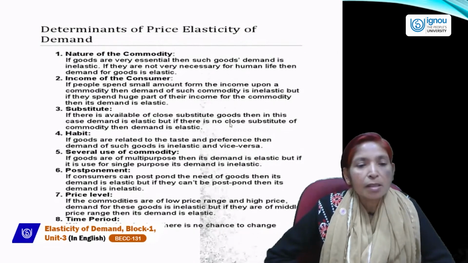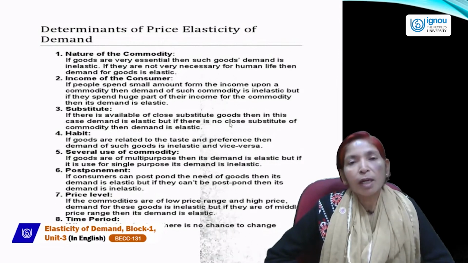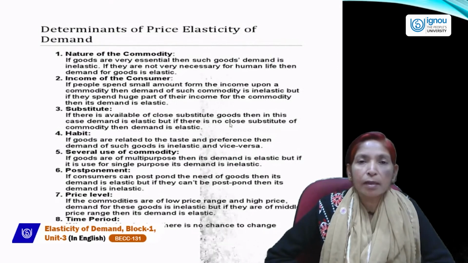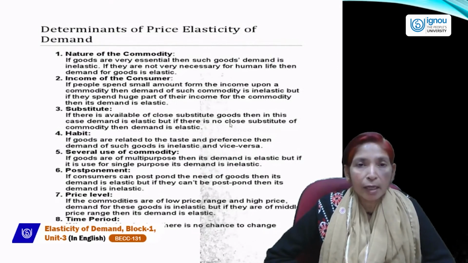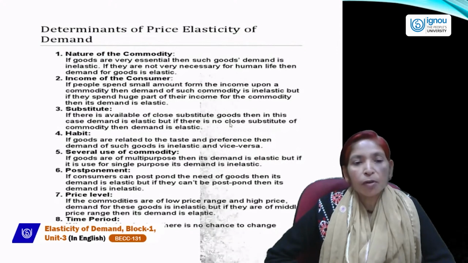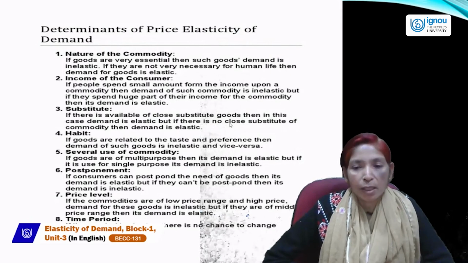Next is several uses of commodity. Some goods can be used for multiple purposes, for satisfying unlimited wants, and we can alternatively use those commodities. If goods are multi-purpose, then their demand will be relatively more elastic.